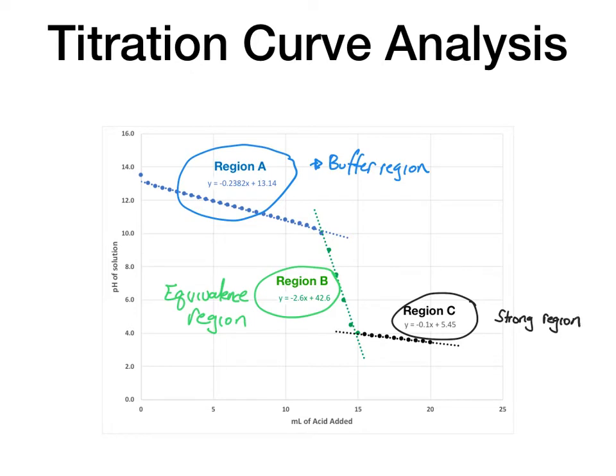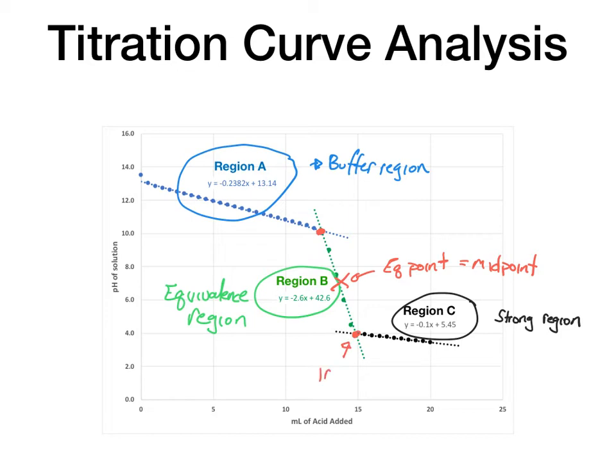And ultimately, with a titration, what we want to find is the equivalence point. In order to find the equivalence point, we have to find the midpoint within this equivalence region. To do that, we try to find the intersection of the buffer region with the equivalence region and the strong region with the equivalence region.